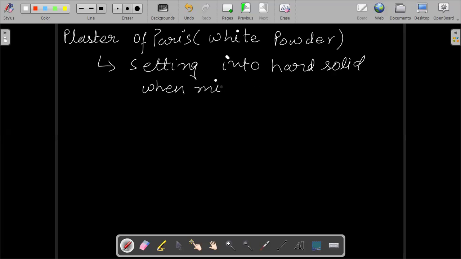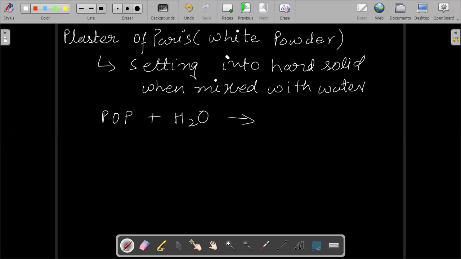Also, this process is an exothermic process. So if you mix POP with water, since POP is a powder, it will mix with water and set into a hard solid.